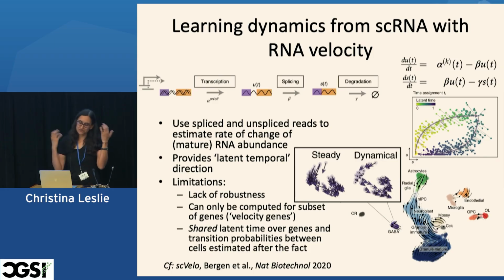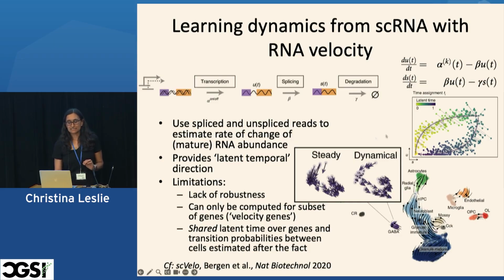And where do we get the idea that we should have an ordinary differential equation for learning dynamics? I mean, it's out there, and especially this RNA velocity idea is a very cool idea and widely used, though there are caveats that we'll get to, okay?